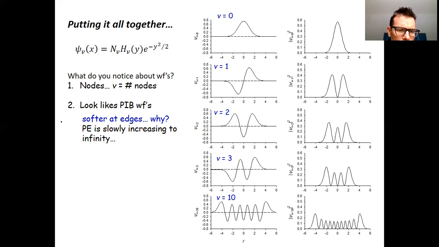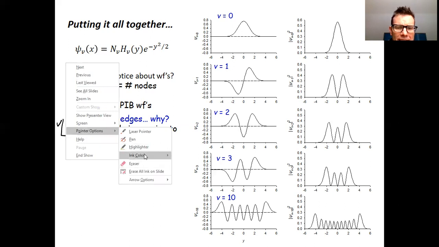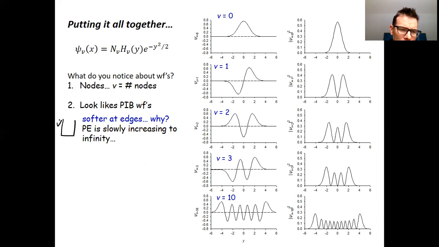If I have a particle in a box, the potential looks like this. Whereas if I have the harmonic oscillator, it much more slowly increases. So the wave function is going to gradually decrease and ultimately produces the same type of shape, but softer at the edges.